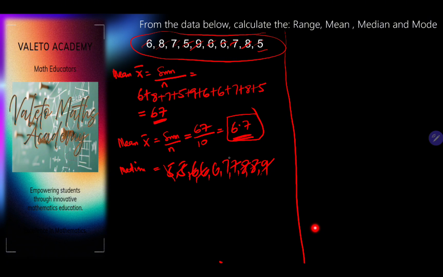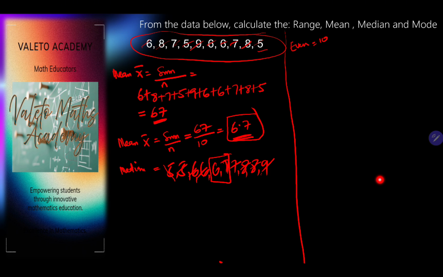And what we have left is the two middle numbers, 6 and 7. Now take note that we have two numbers in the middle here as the median because the data set is even. There are 10 elements in this data set, and that makes it even. That is why we have two numbers in the middle.